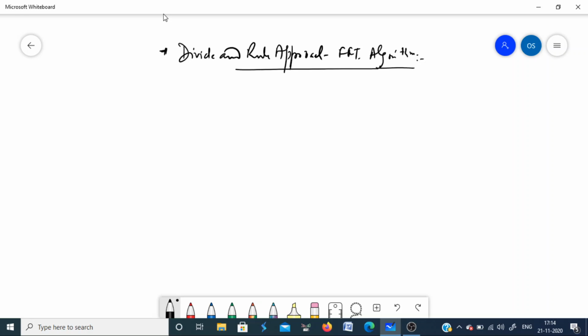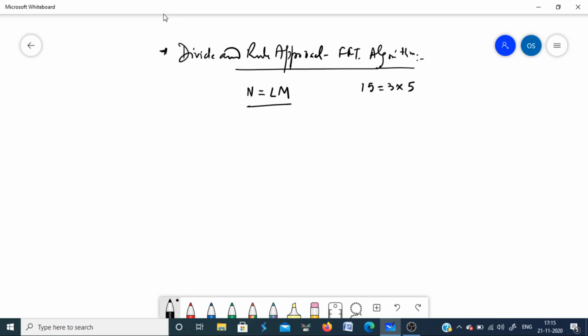So the first thing is that if you want to compute the N-point DFT of a sequence, we first decompose N into two numbers, L and M. Like if N is 15, then 15 can be decomposed as 3 into 5.